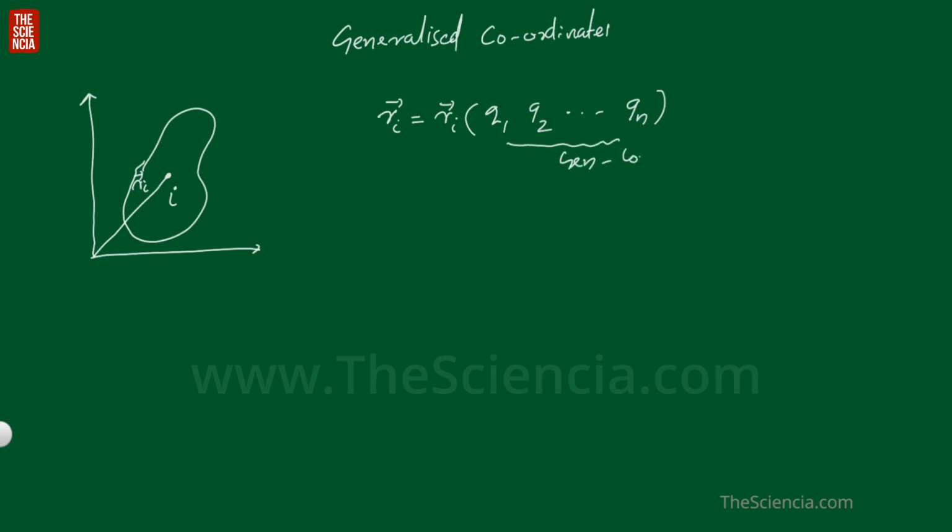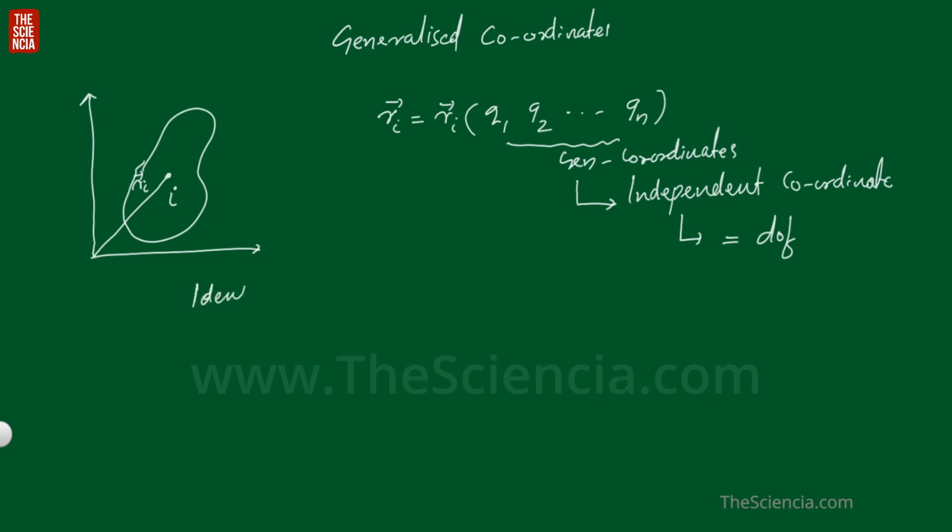These generalized coordinates are independent coordinates, and the number of independent coordinates will be equal to the degrees of freedom of that particular system. Suppose now I give you some Lagrangians, can you find the generalized coordinates? That's my question. So, identification of generalized coordinates.